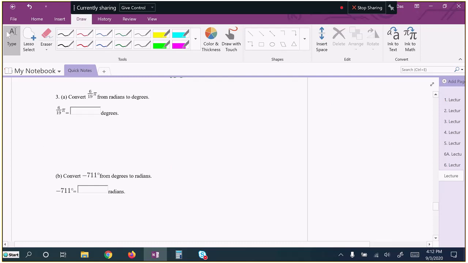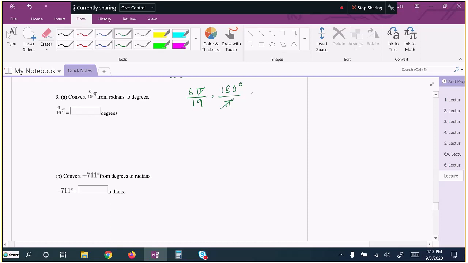Our third type of question is simple conversion. So the first one is saying that convert 6 pi over 19 to the degrees. And generally, if I do not tell you how many decimal places, you have to always round your answer to 4 decimal places. So this question should be very simple. 6 pi over 19 changing to degrees will be 180 degree over pi.